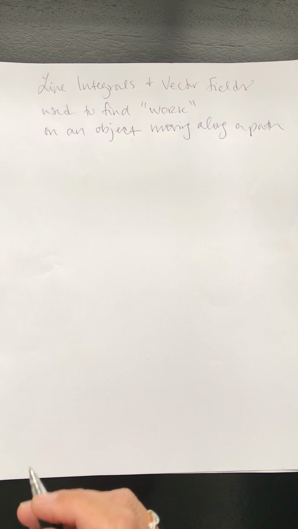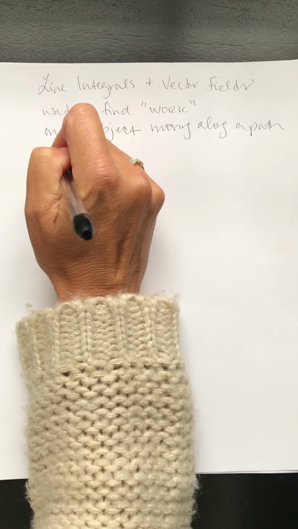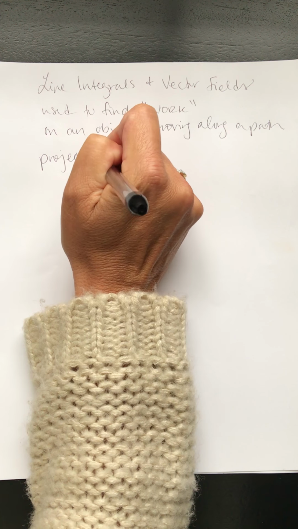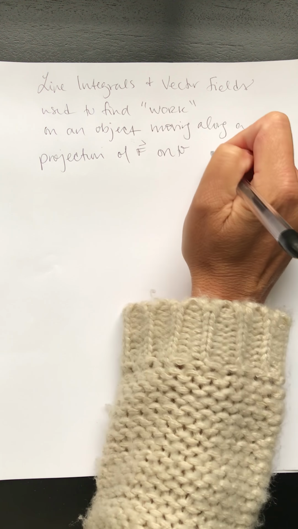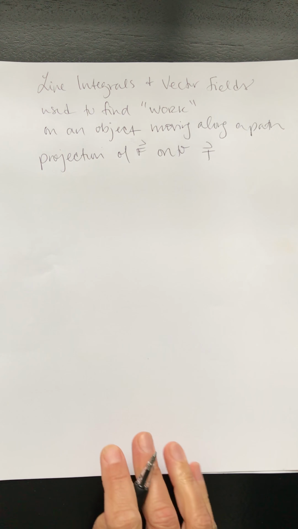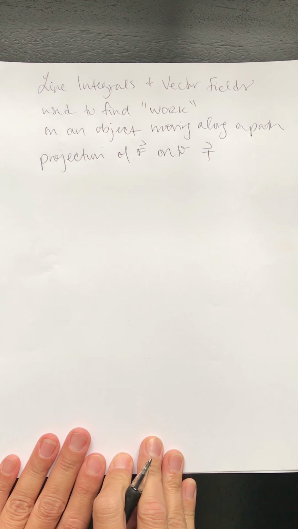So when we consider this, if you think about how much of the field is working in the direction an object is moving, we're looking at how much of F is on T. This is the projection of the field onto T, where T is the tangent vector in the direction that the object is moving.